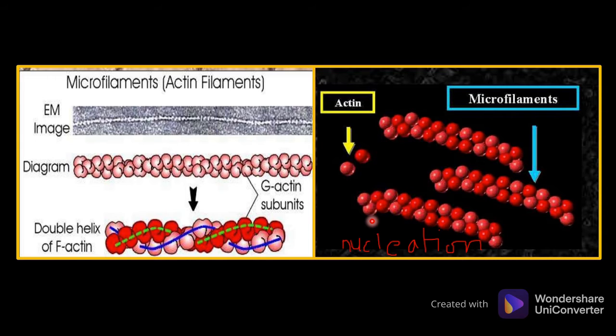Various chemical changes in different parts of a cell can promote polymerization or depolymerization. So such actin filaments can be assembled and disassembled quite rapidly based on particular needs of the cell.